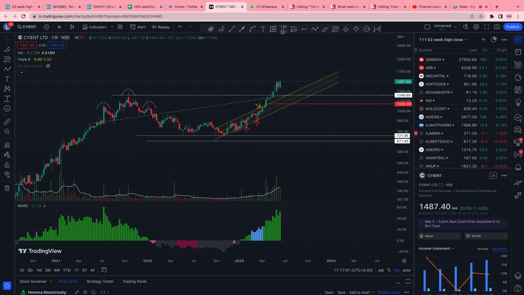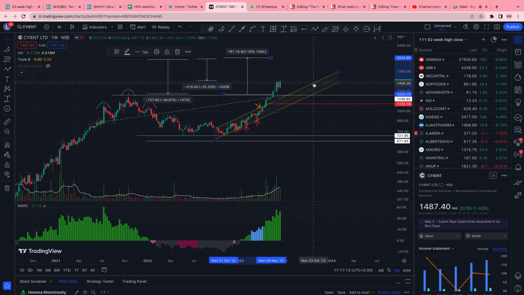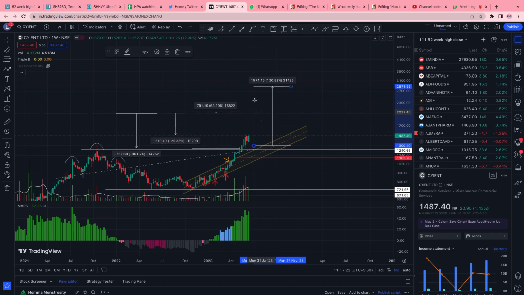If the general market is falling 36%, and it is falling only half, then this could be a leader. If the general market is making a move which is 60%, and this one which only fell 25% is now moving more than that, these are leader characteristics basically.